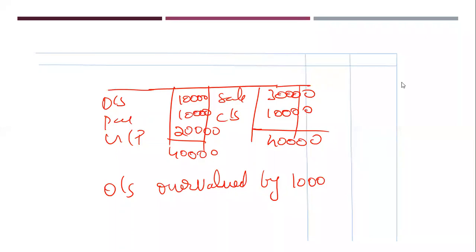So if you rectify it, the value will be 9,000. By the overvaluation amount, if I add it back, my profit will increase, right? Because of overvaluation, my profit is reduced. So if I rectify that, my profit will increase. That's the reason any overvaluation of opening stock will be added back.